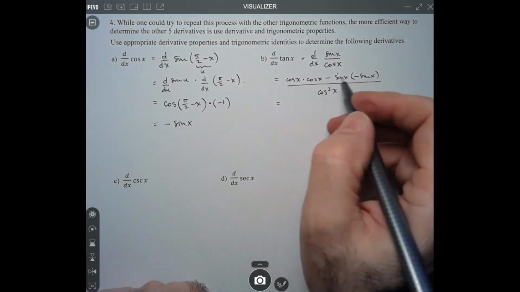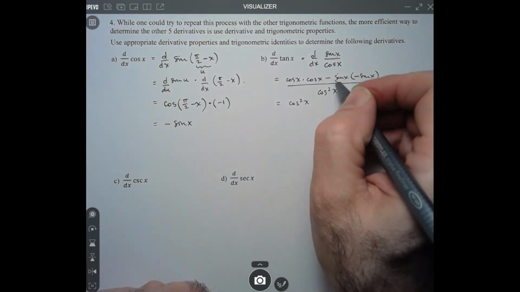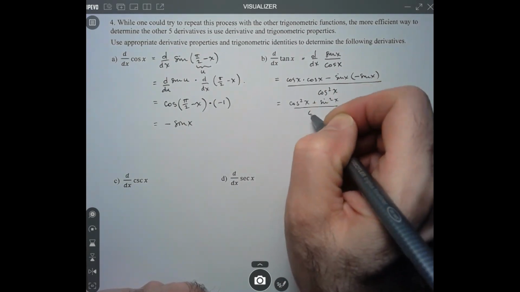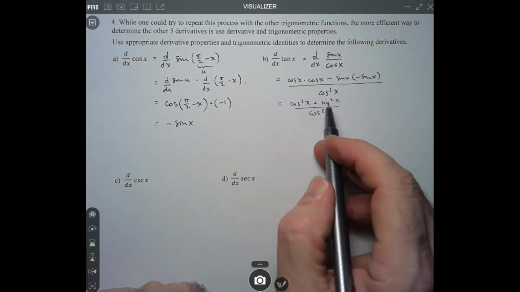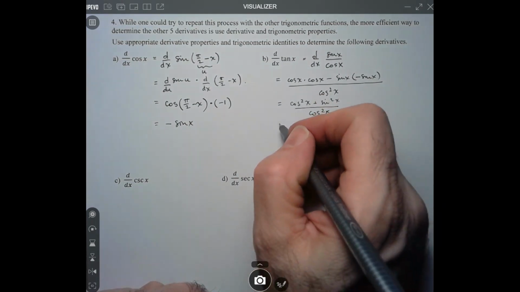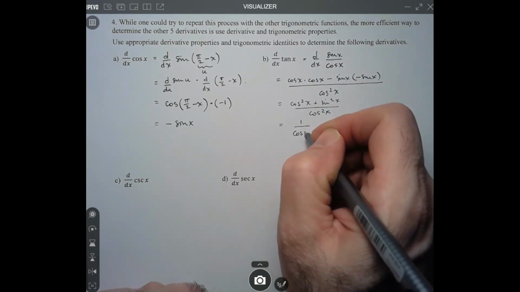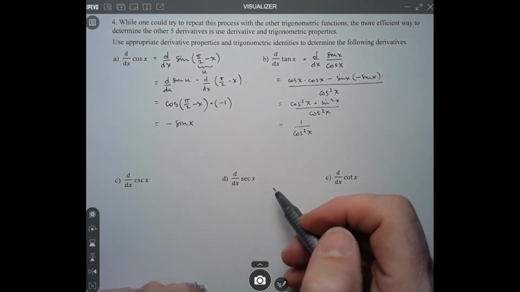Okay, so let's do some simplification here. We have cos squared x, and this is going to be plus sine squared x, all over cos squared x. And lo and behold, look at the numerator. Sine squared plus cos squared is just equal to 1. So 1 over cos squared. But we don't usually write it in this format.